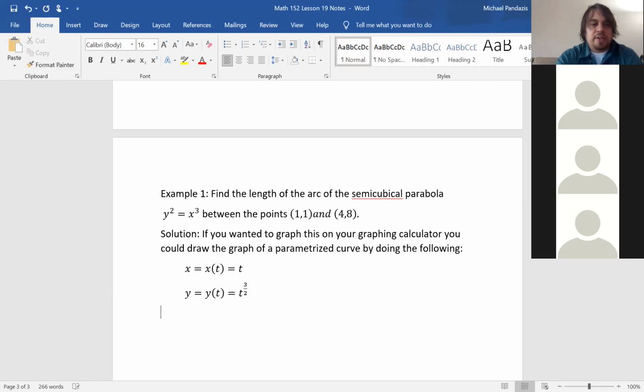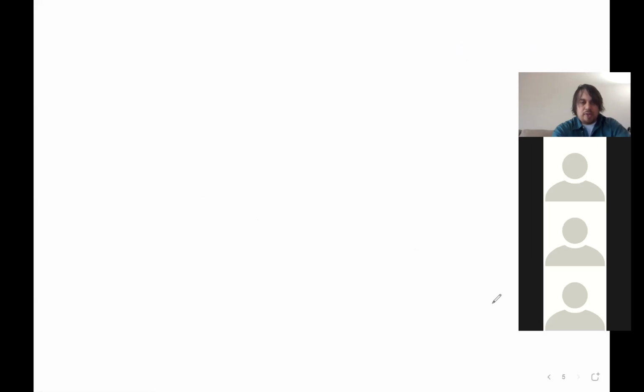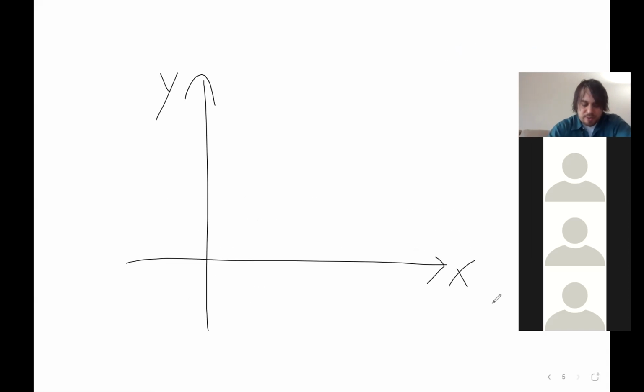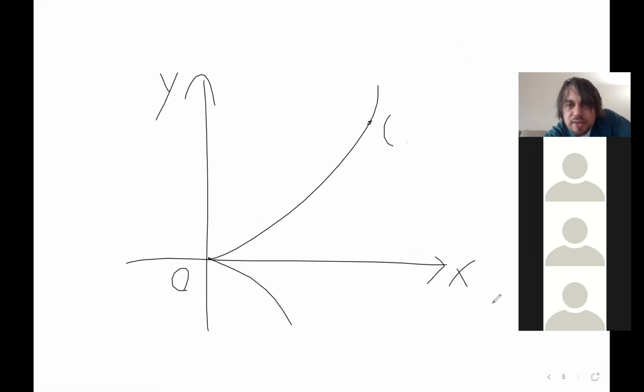But anyway, you have the graph, and I'm going to draw the graph here. So now here's the x-axis and y-axis. Now you have the point (4, 8). You have the point (1, 1). You have y squared equals x cubed.